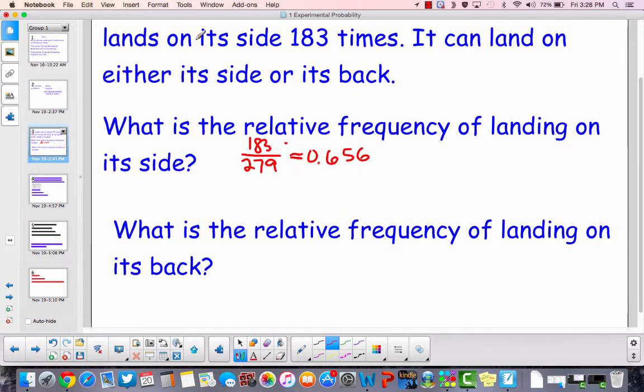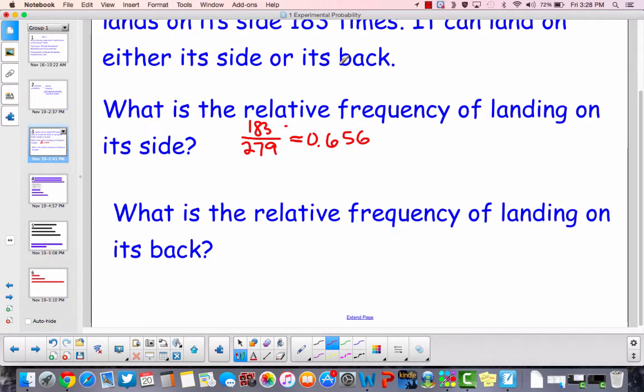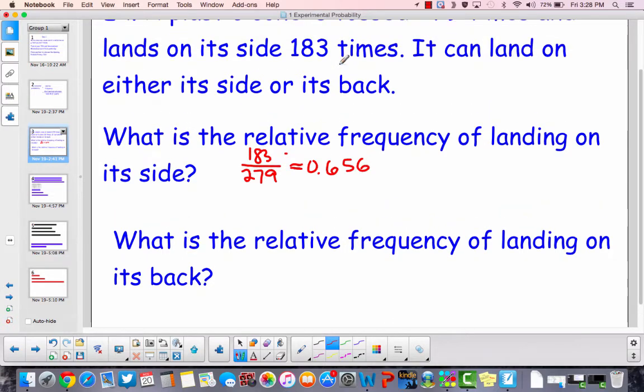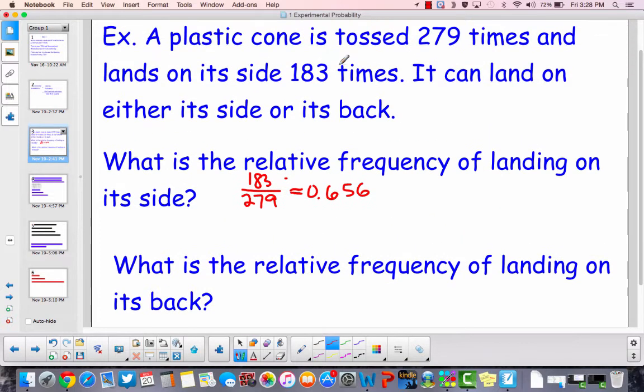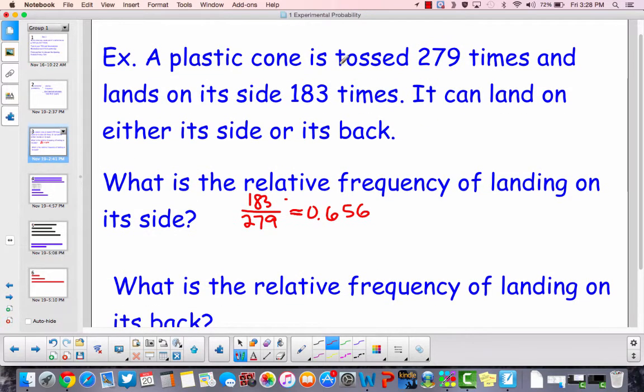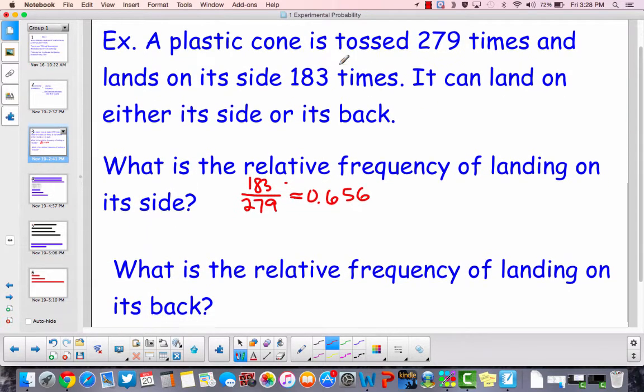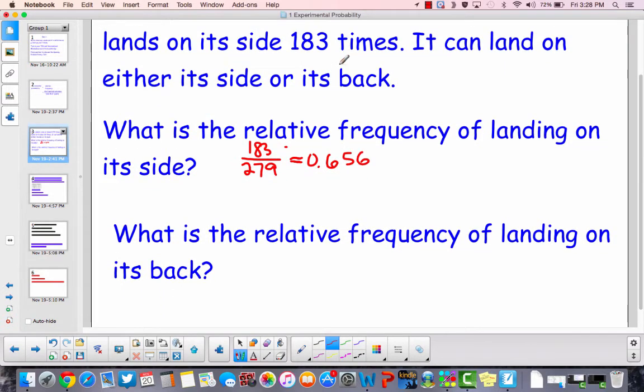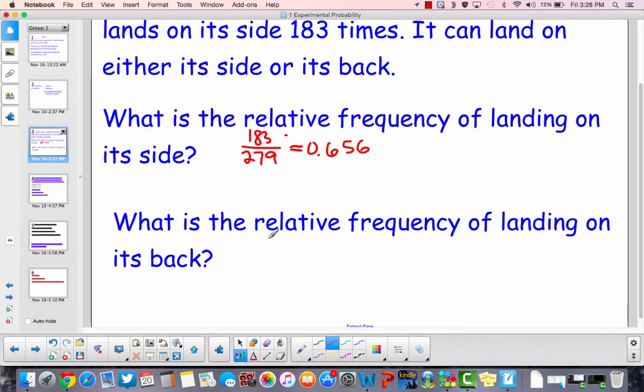If it lands on its side 183 times out of 279, that leaves us with 96 additional times for it to land on its back. 96 out of 279 is 0.344. Okay?